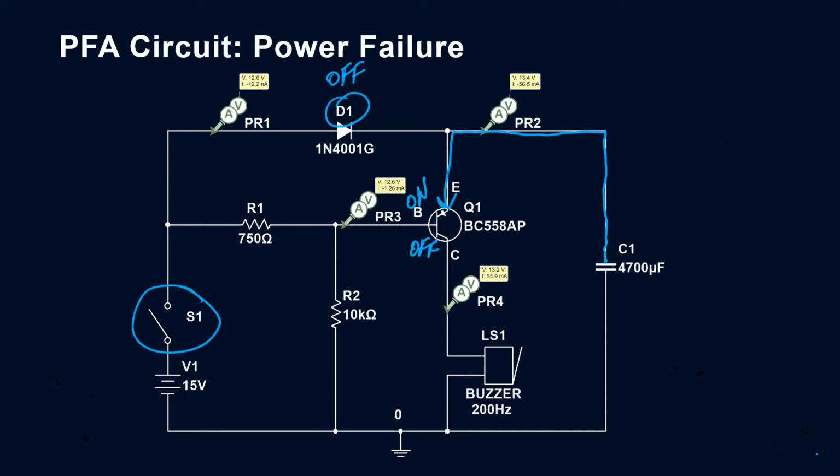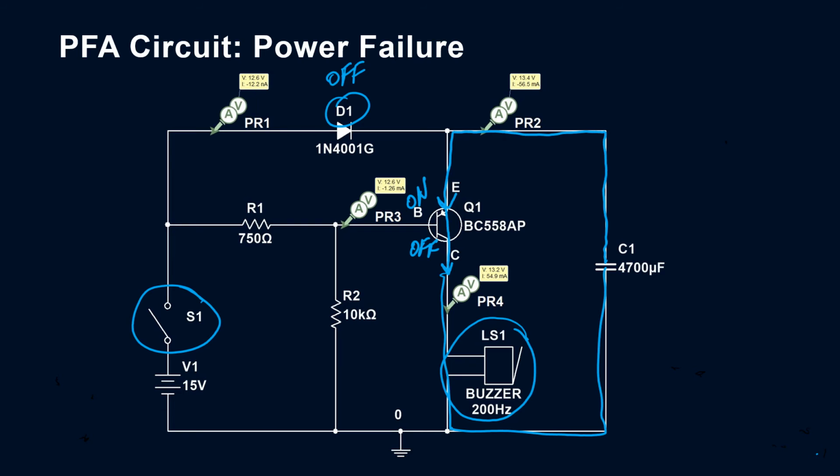This diode here will continue to be off, so it's in active mode, and the voltage and the current will flow across the emitter collector base with a drop, of course. That voltage and current will drive this buzzer until the capacitor is completely discharged.